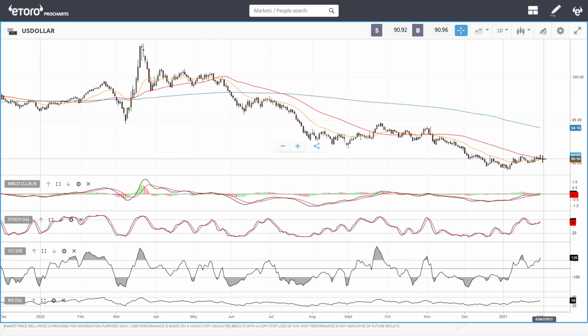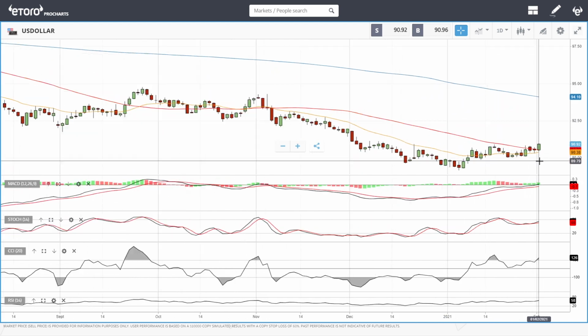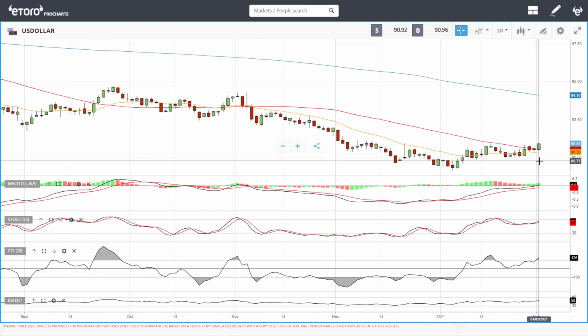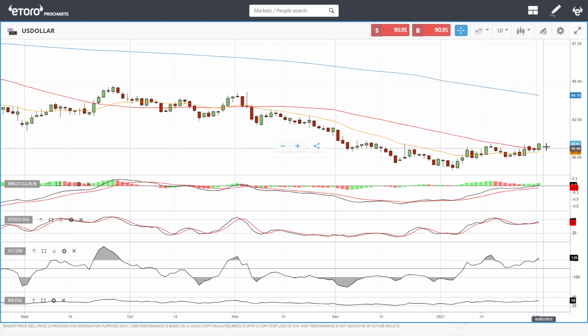This could just mean that we are having a temporary rally and then we'll break down. There will be additional stimulus, and that will act against the US dollar. But at the moment, US dollar trading above the 50 moving average, and as long as that is the case, you should expect stocks, commodities, precious metals, and so on to be pressured down in value.